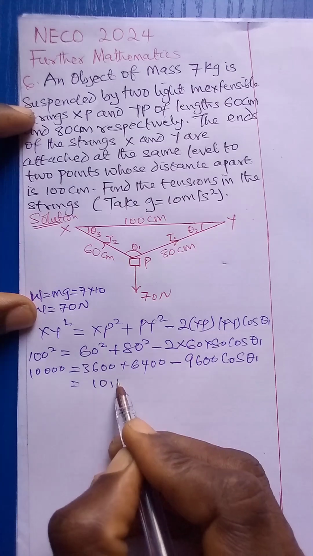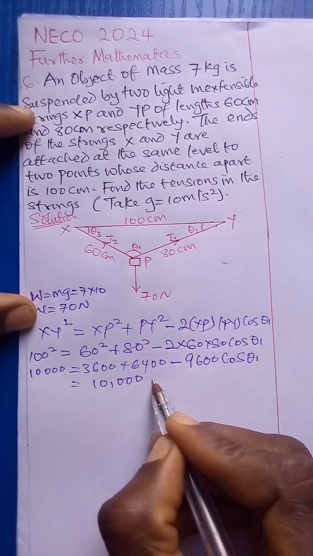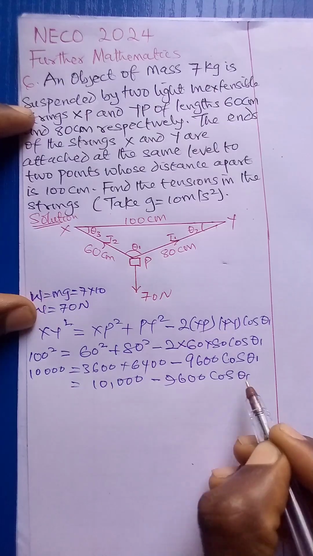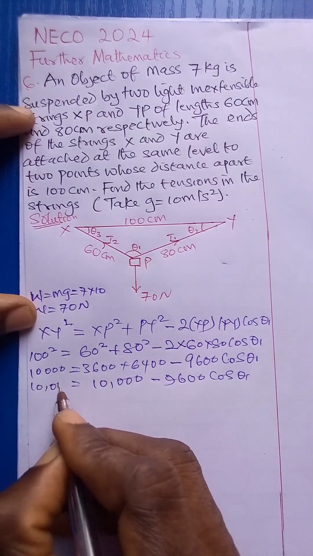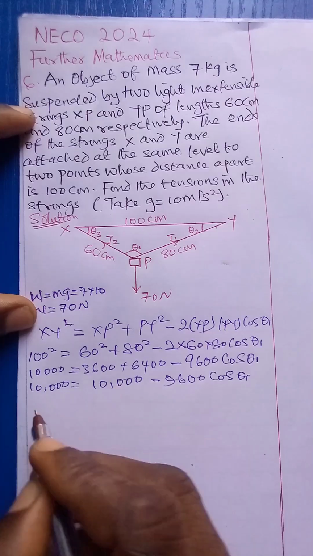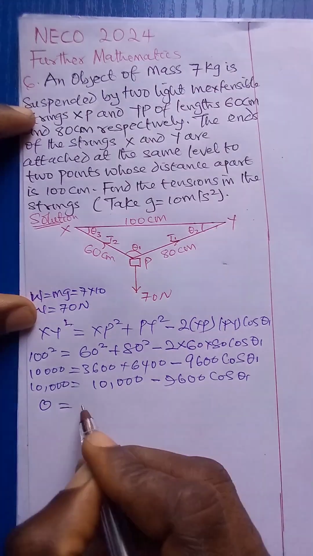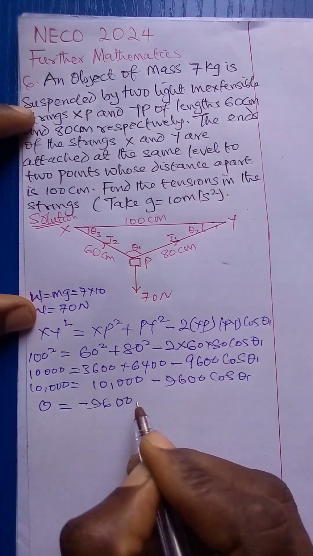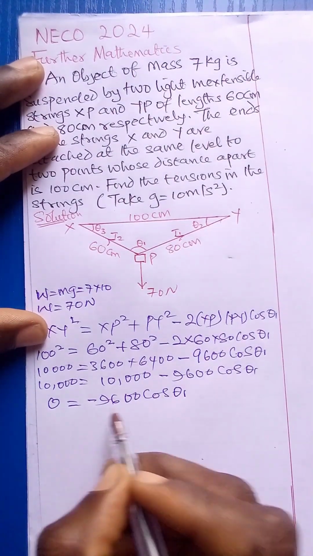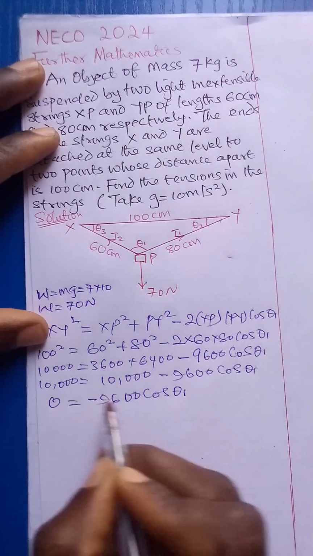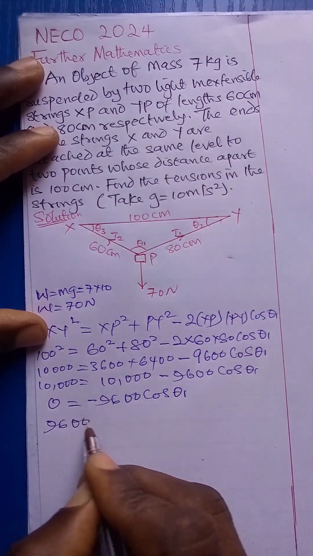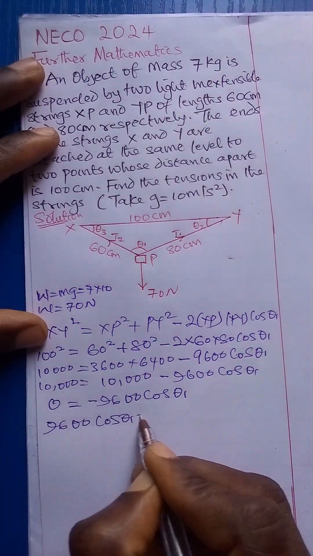We have 10,000 again, then minus 9,600 cos theta 1 is equal to 10,000. When we subtract 10,000 from both sides, we have 0 is equal to minus 9600 cos theta 1. And so, when we also add this value to both sides, we have 9600 cos theta 1 is equal to 0.